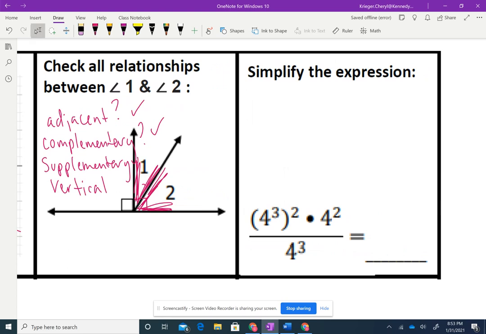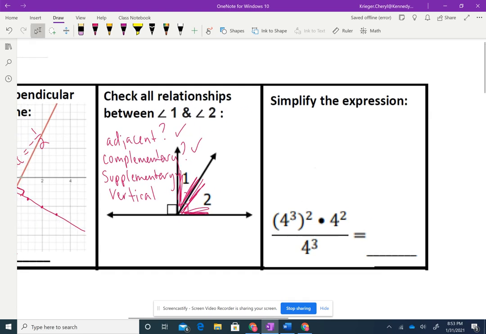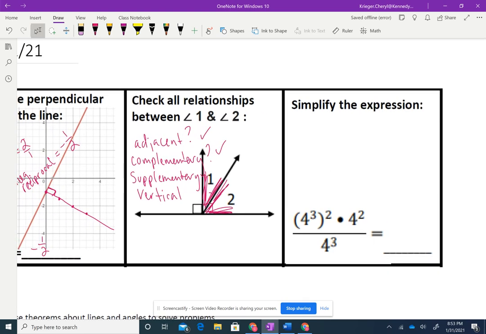Okay. And here we have column 4. We're simplifying this expression. Hopefully you remember how to do exponents. We have 4 cubed raised to the power of 2 times 4 to the second divided by 4 cubed. So 4 cubed raised to the power of 2, that means 4 times 4 times 4, twice.